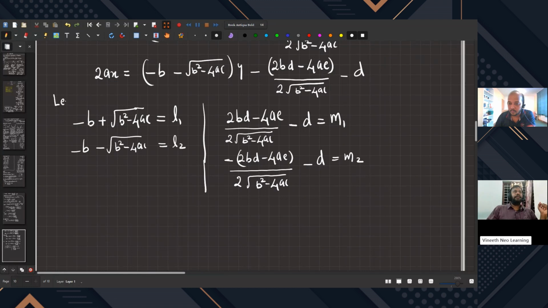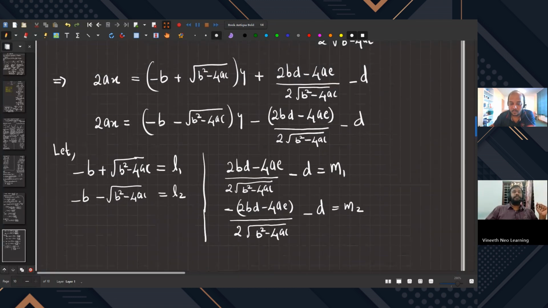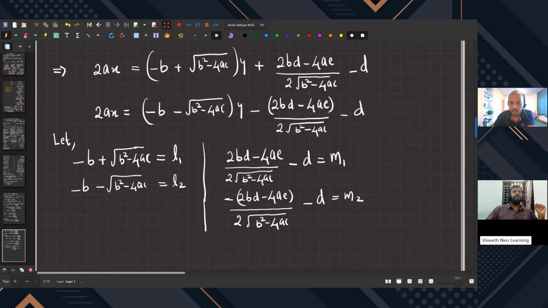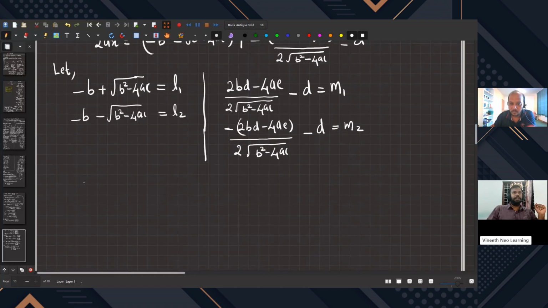Let me name these terms as L1, L2, M1, M2, so that our equations become 2ax equals L1y plus M1 and 2ax equals L2y plus M2.